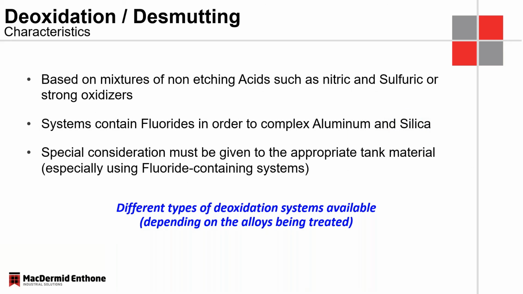So the deox, they're really a mixture of non-etching acids like sulfuric, nitric acid as well, and some strong oxidizers if required. Some of the systems, if we work with a lot of silicon-containing alloys, contain a small amount of fluoride to make sure that this silicon is removed.